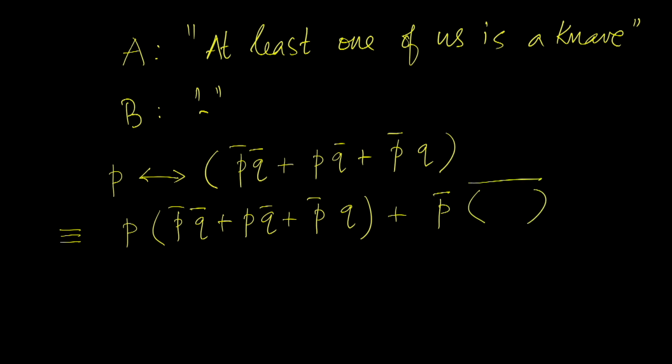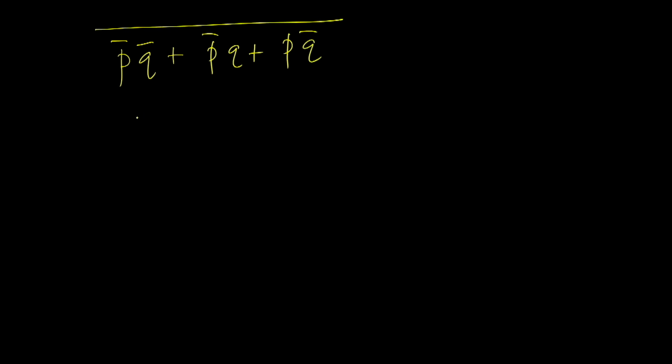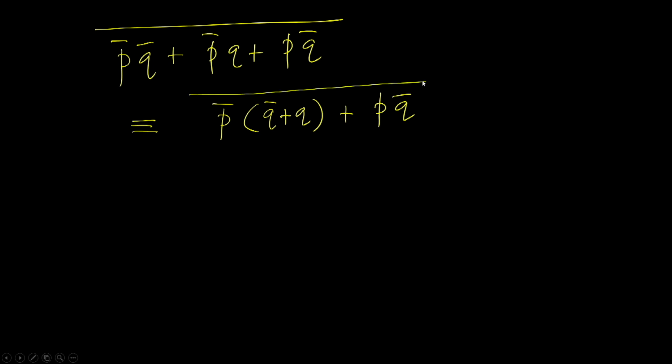But what is the negation of the quantity in the bracket? We want to negate P bar Q bar plus P bar Q plus P Q bar. To compute the negation of this, let us first simplify this expression. We can write this as P bar times Q bar plus Q, and that OR with PQ bar.